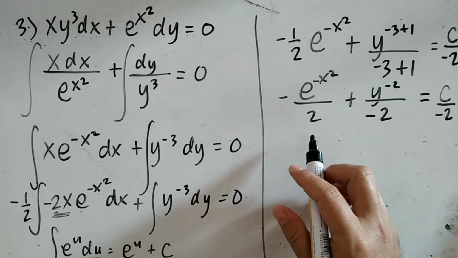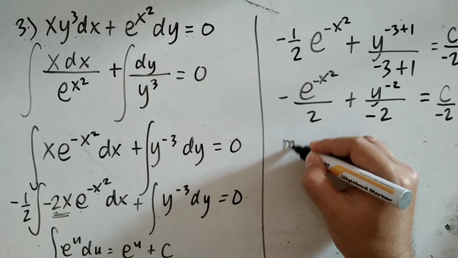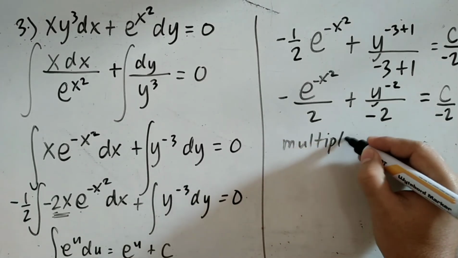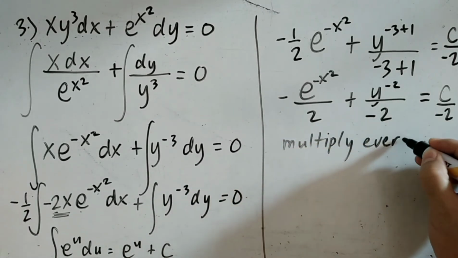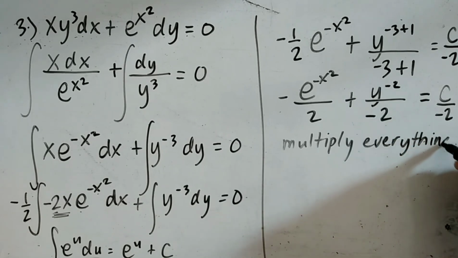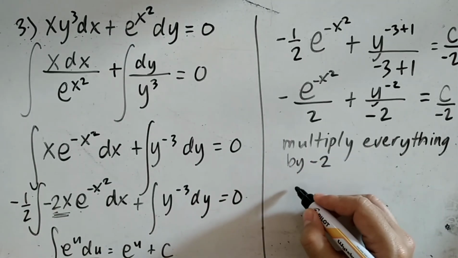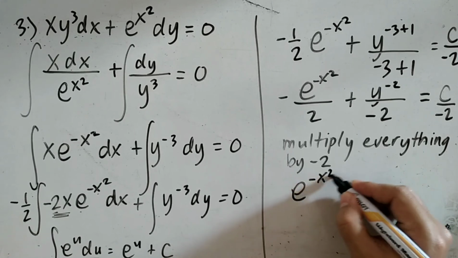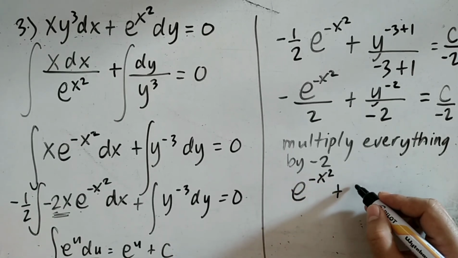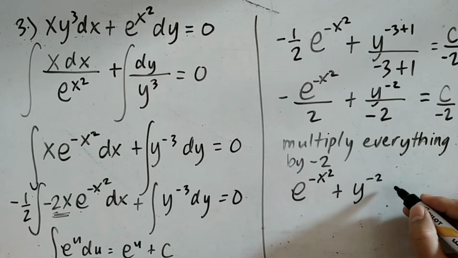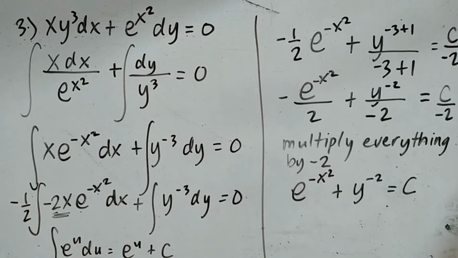And when we multiply everything by negative 2, we have e to the negative x squared plus y to the negative 2 equals c.